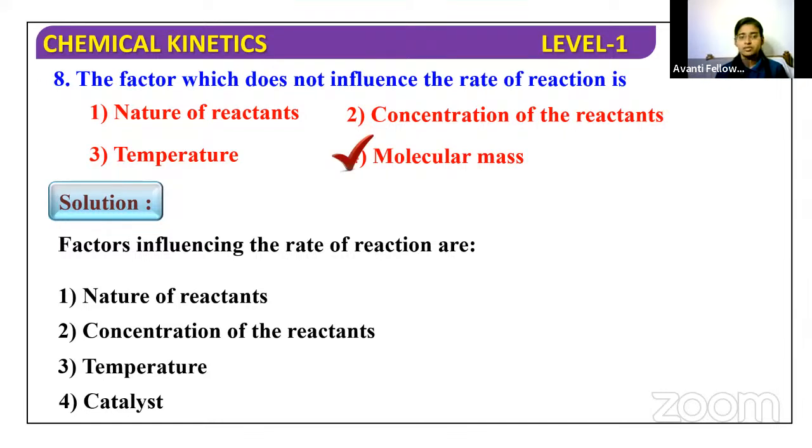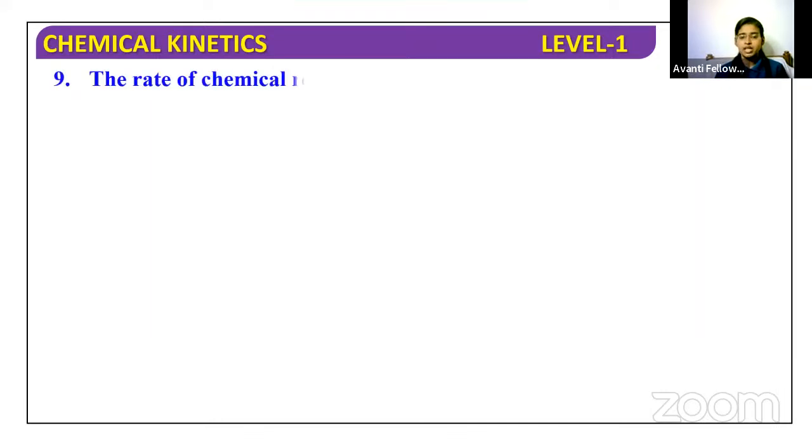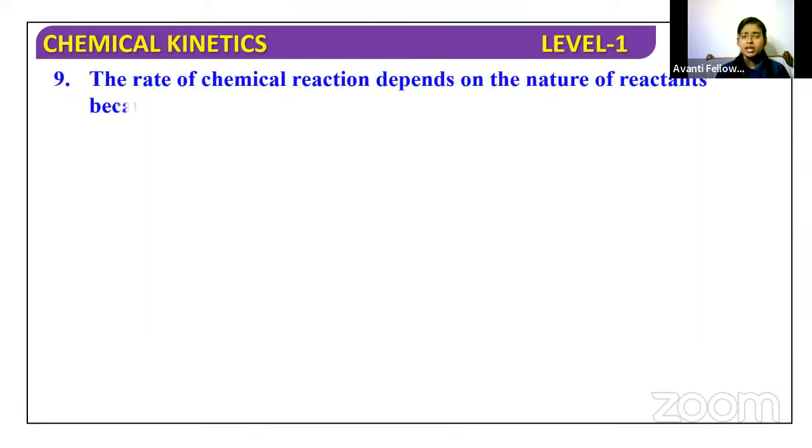Good. Next, coming to question number 9. The rate of chemical reaction depends upon the nature of the reactant because... What is the reason for the dependency of the rate on the nature of the reactant? Just keep that in mind and recall all the concepts which we have studied under this topic.